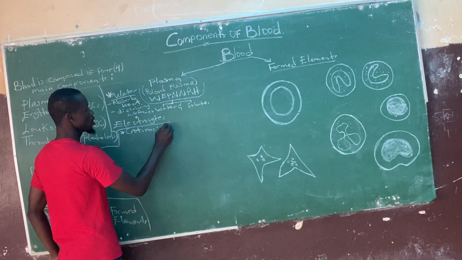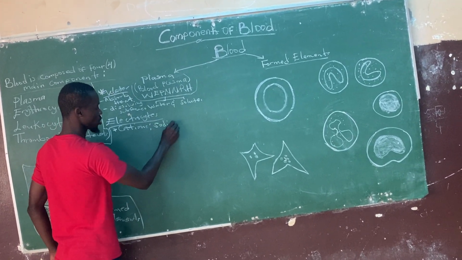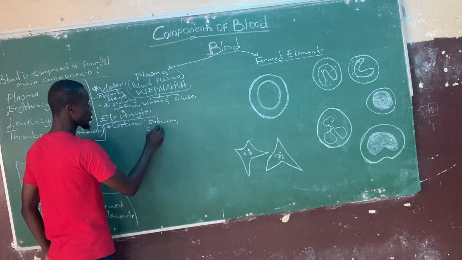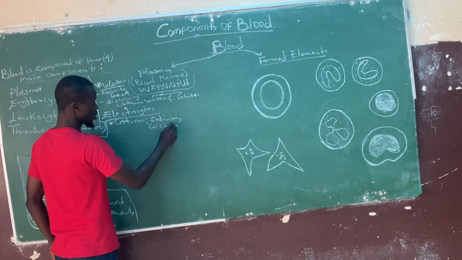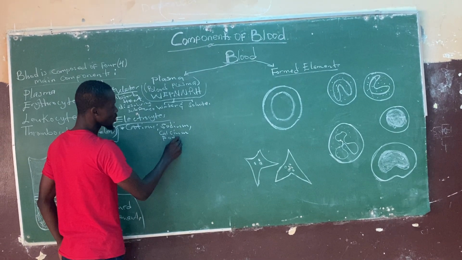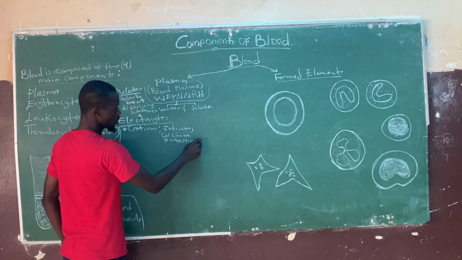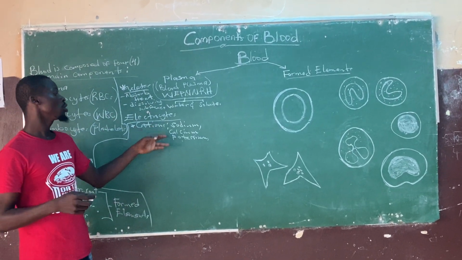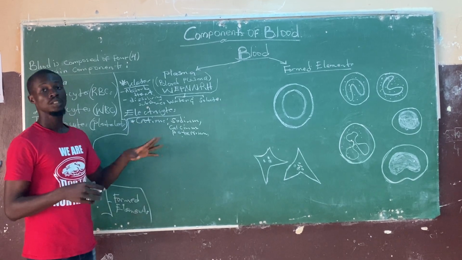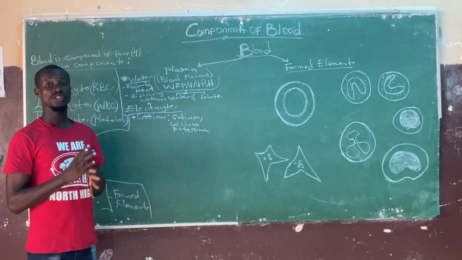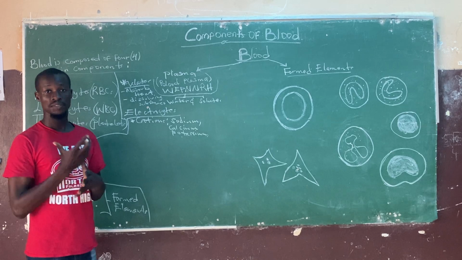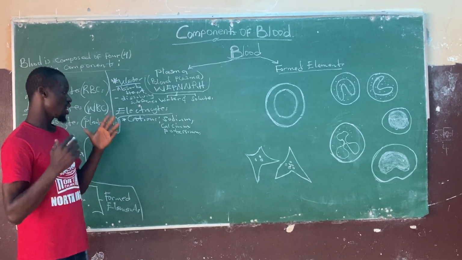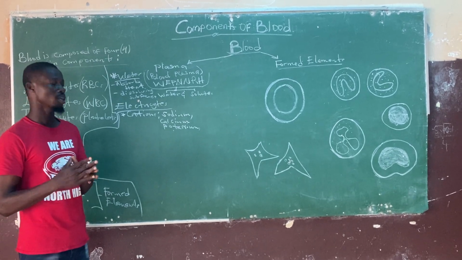We have sodium, calcium, potassium, and so on. I think some of us know some of these minerals. Sodium, calcium, potassium are very significant. Most especially, some of them help in nerve conductivity, muscle conductivity, and so on. They are there to maintain the body.